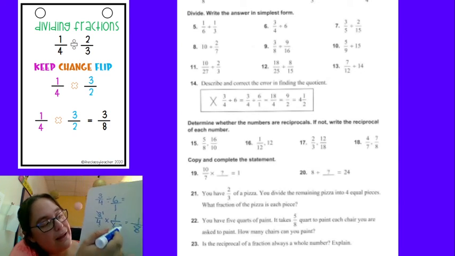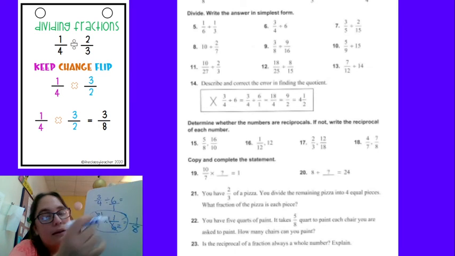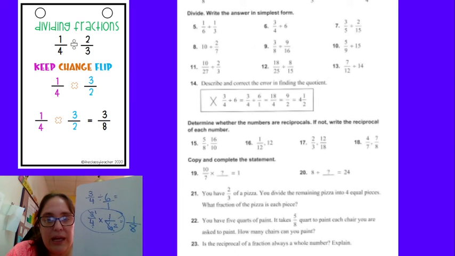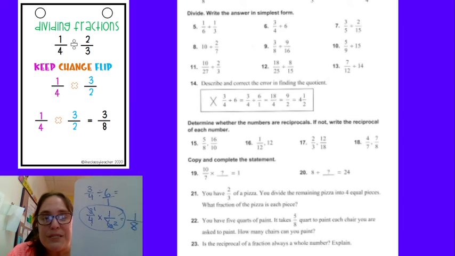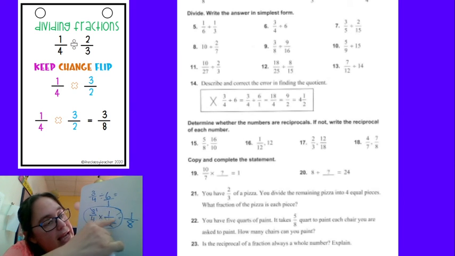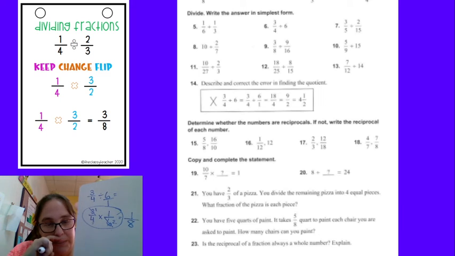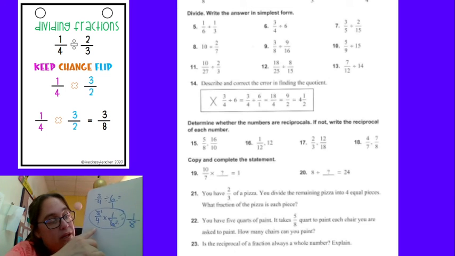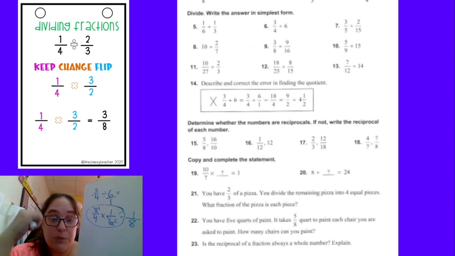Go back to right here. We had 3/4 times 1/6. Look at your worksheet. They had 3/4 divided by 6/1. Did they have the reciprocal? No, they did not.